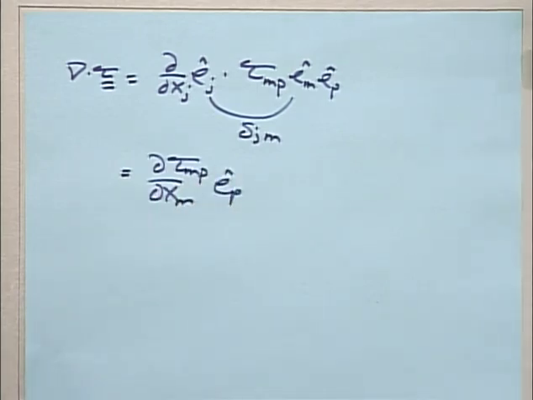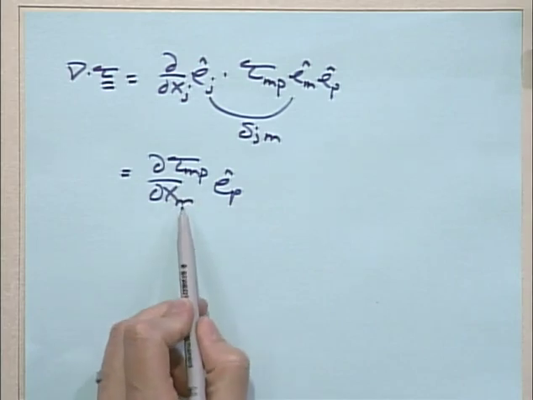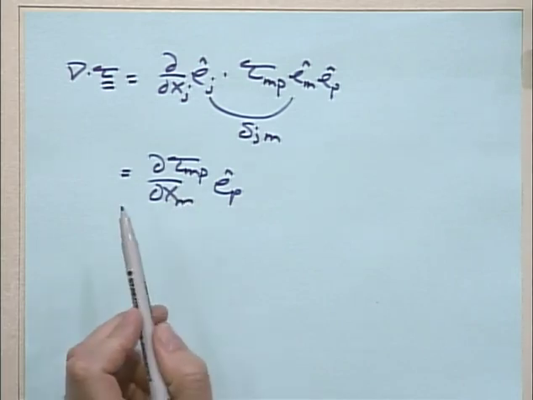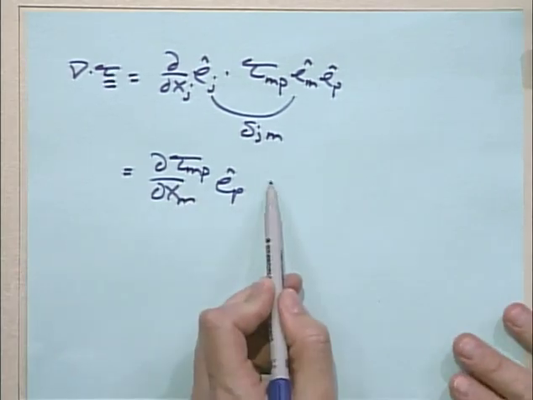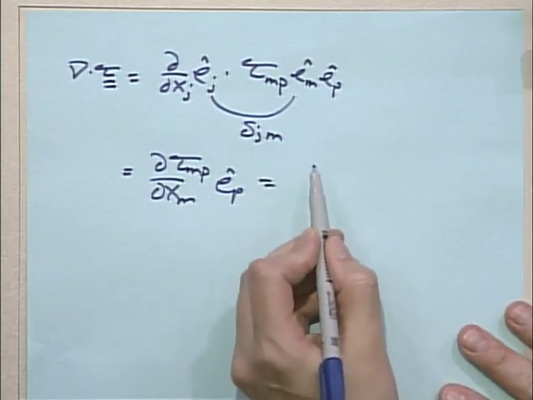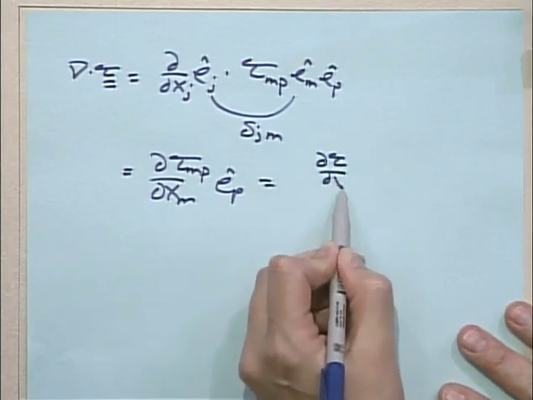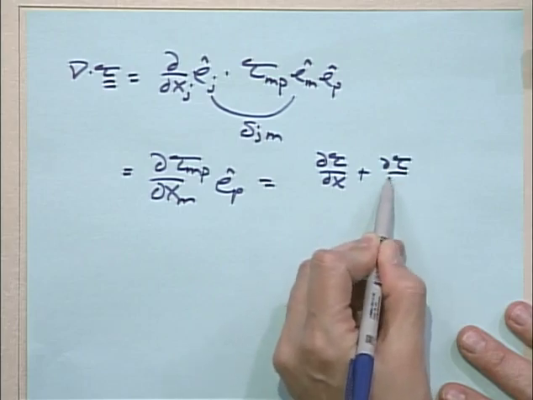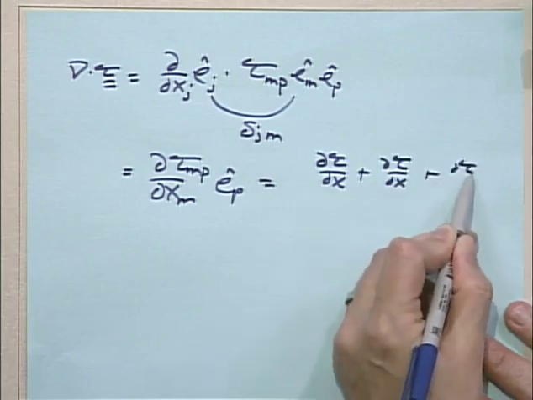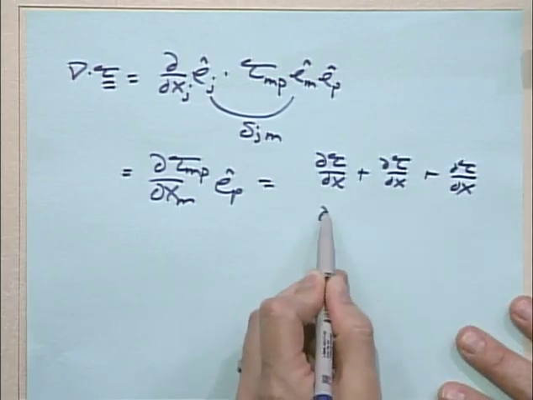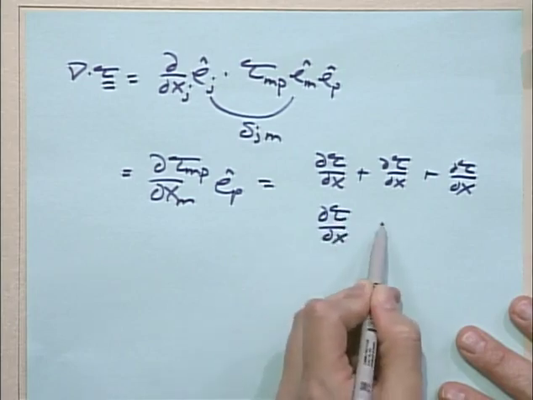So we have a vector that is the sum of 3 terms in the x component, sum of 3 terms in the y, and sum of 3 terms in the z. And so it's d tau dx plus d tau dx plus d tau dx in each row.